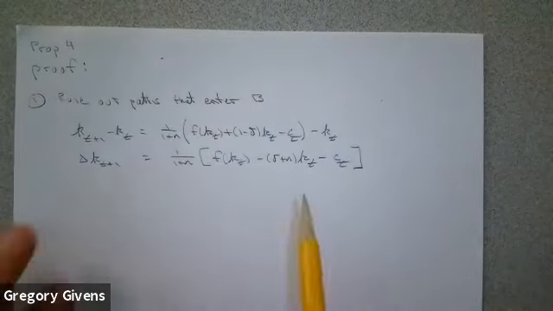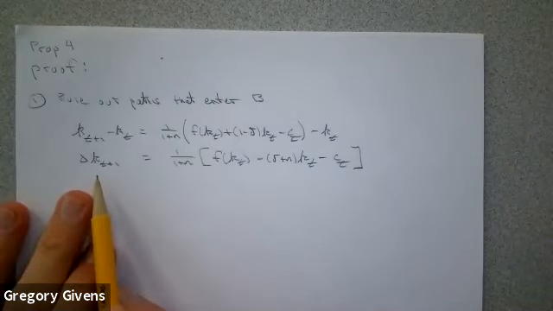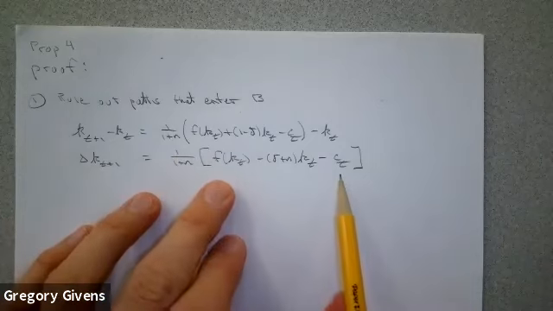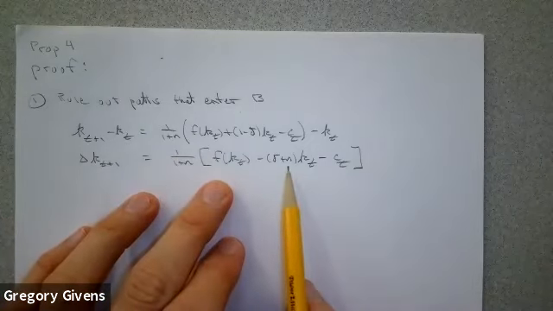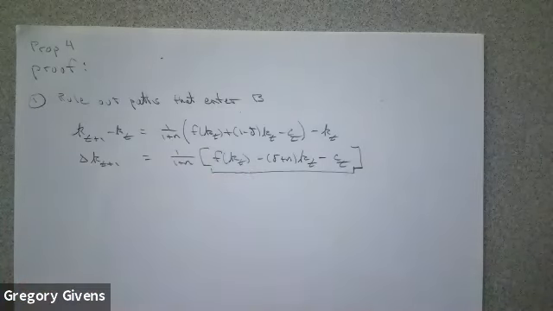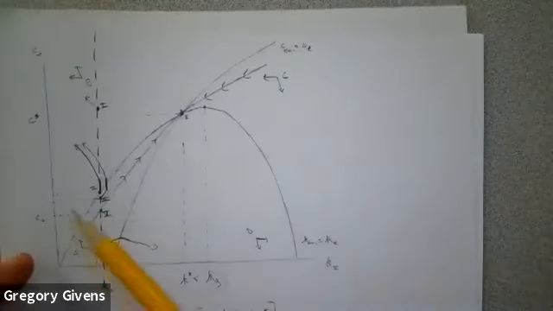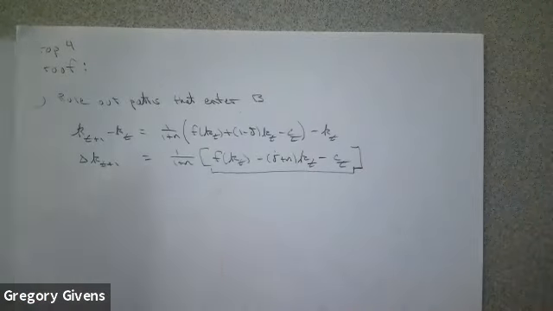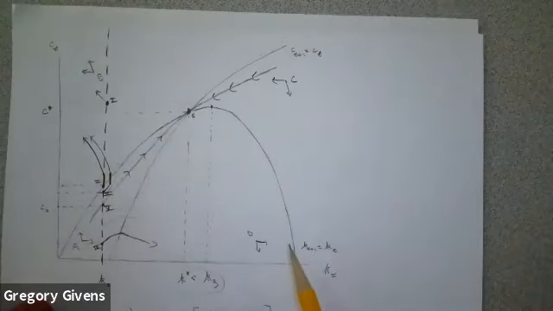What do you see here? That the change in the capital stock is equal to some constant that's close to 1 times f of k minus delta plus n k minus c. What is this term? This term corresponds to the kt equals kt plus 1 locus, right? Where ct is equal to f of k minus delta plus n times k.